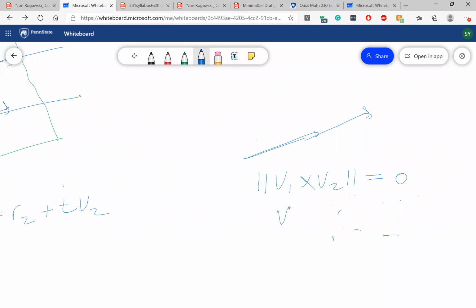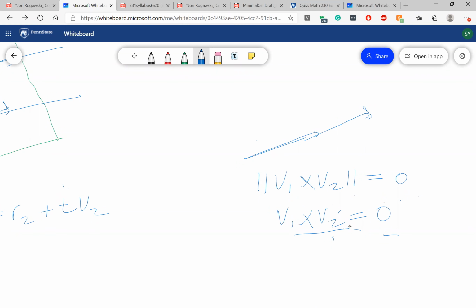That tells me that v1 cross v2 is equal to 0. Definitely should always remember, if two vectors are parallel, their cross product is equal to 0. One way to think about it is we know that the area of the parallelogram spanned by them would be the magnitude of their cross product. So if they're parallel, then their area is 0, so their cross product is 0.